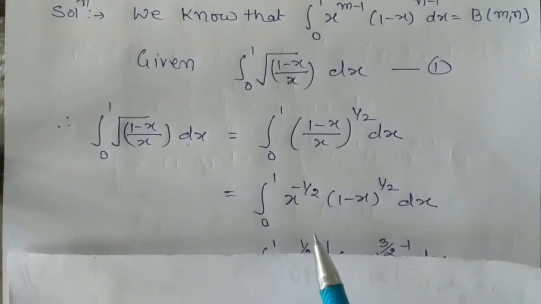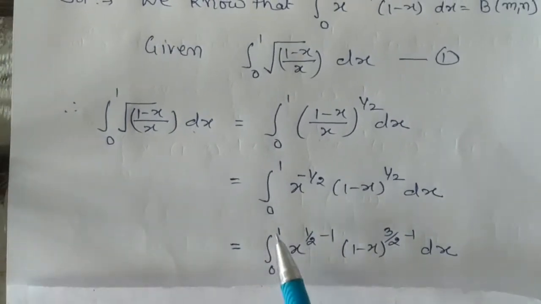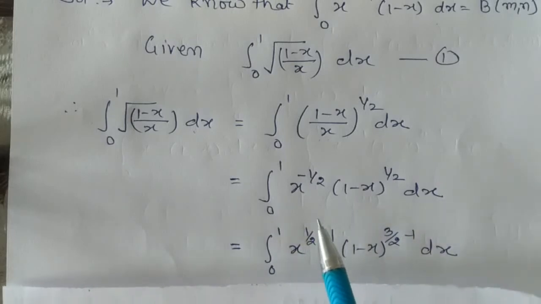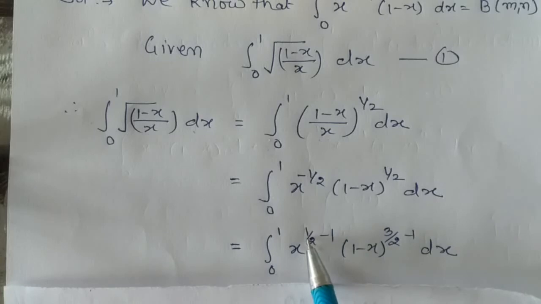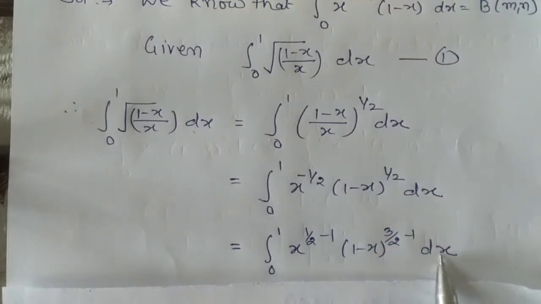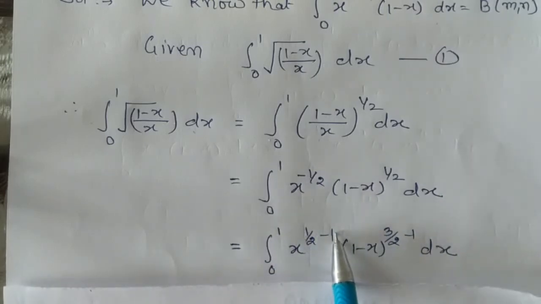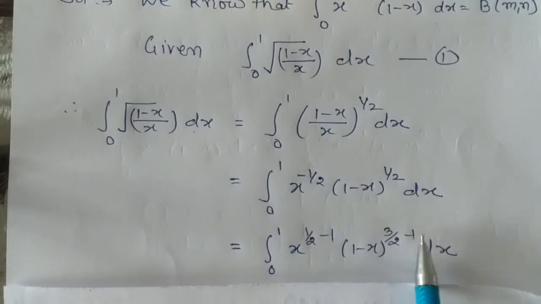Now this integral we express as the integral from 0 to 1 of x^(-1/2), which is 1 by 2 minus 1, like x^(m-1) where m is half, into (1 minus x)^(1/2), which we express as 3 by 2 minus 1, dx. So this integral is in the form of the integral from 0 to 1 of x^(m-1) where m is 1 by 2, into (1 minus x)^(n-1) where n is 3 by 2, dx. So this integral is beta(m, n).